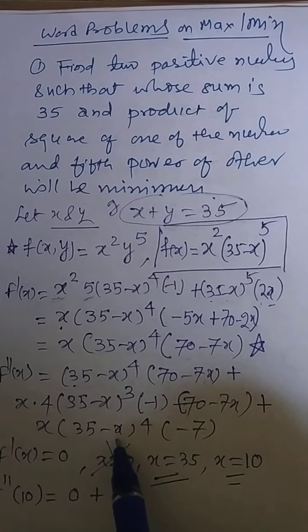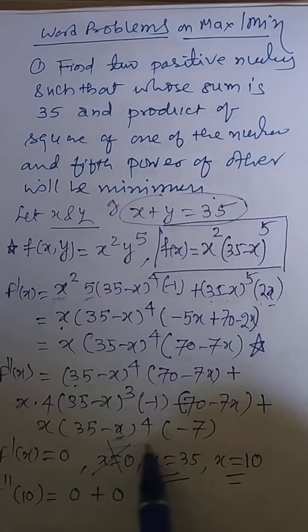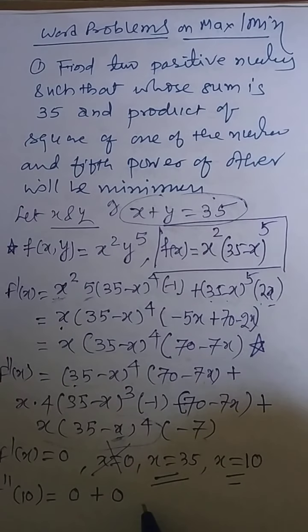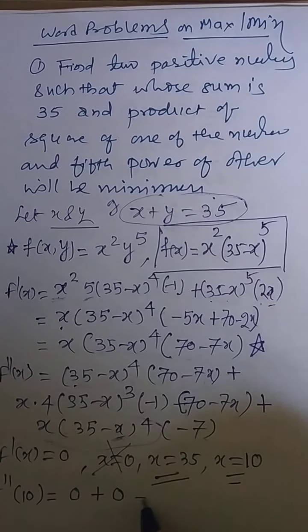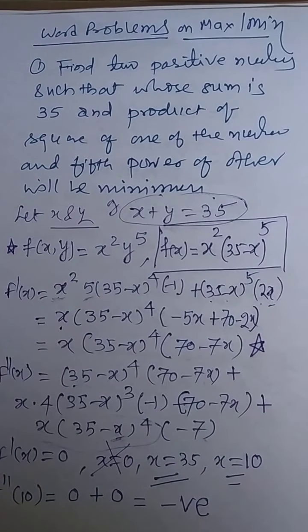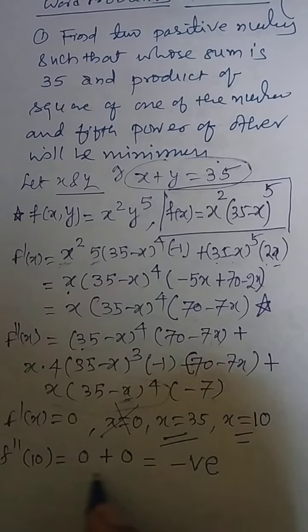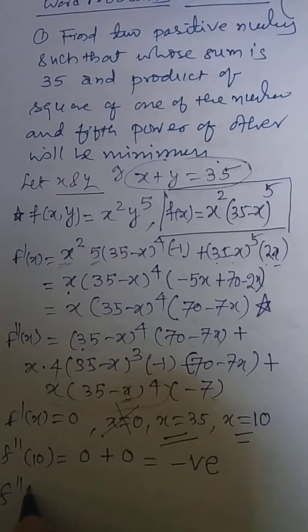And in case you put 10 over here, 35 minus 10 is 25, and this is 10. This whole thing is positive but it is negative, so I am saying this expression is negative. We don't want the value. What we want is only the nature of it. So this is negative. Now f double dash of 35.